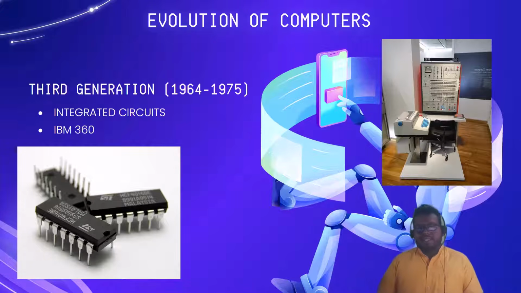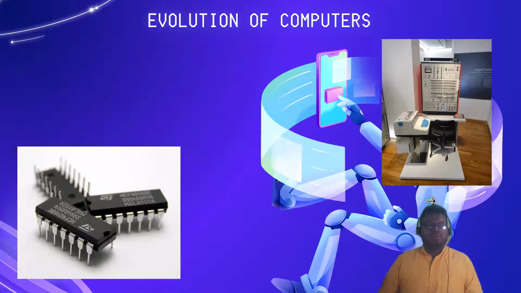And this is the era we used keyboards to input data and monitors for output instead of punch cards. And the computers could run multiple programs at once in this era.